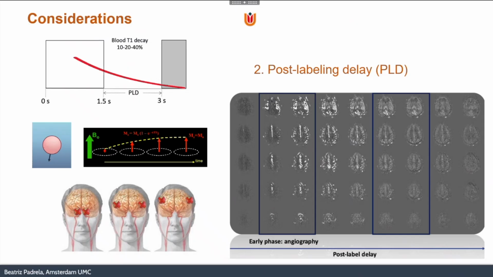If you have older patients, you need to make sure that your PLD is at least 1800, but better 2000 milliseconds, compared to some studies with younger patients, where maybe 1500 or 1800 is fine. So try to think about this when you have your population. If you know the age of the patient, and if you're imaging geriatric patients, so older patients, you need to adjust for all of this. Otherwise, the quality of your images will be bad.